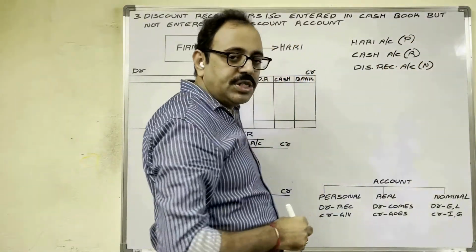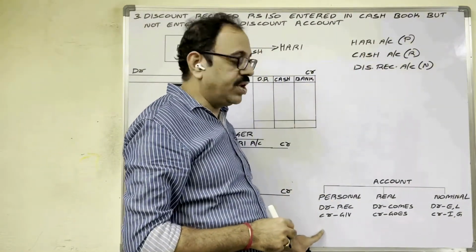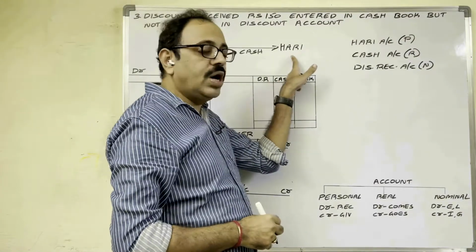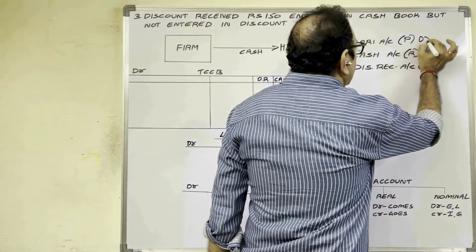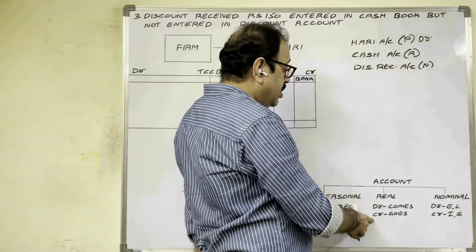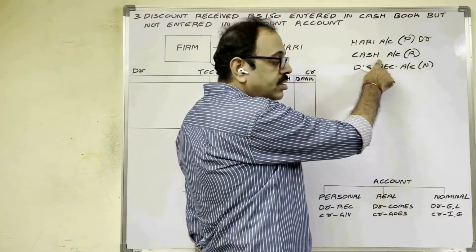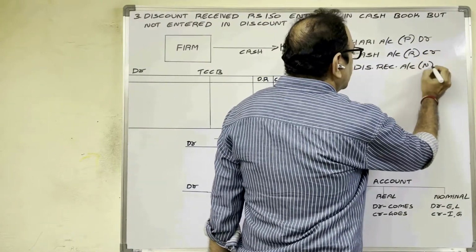Apply the double entry principles. For personal account, debit the receiver, credit the giver. Firm is paying cash to Hari. Hari is the receiver. We should debit Hari account. Real account rule. Debit what comes in, credit what goes out. From the firm, cash is going. So credit what goes out is applicable. Credit cash account.